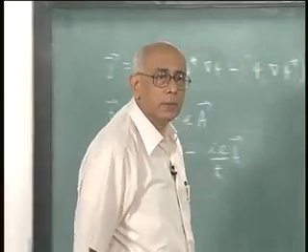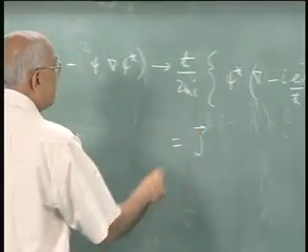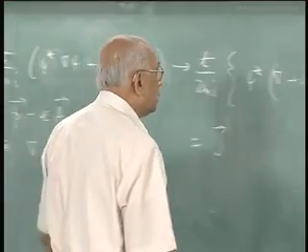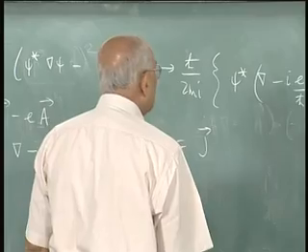Okay. So this is equal to J, the original current. J goes to whatever it was in the absence of the electromagnetic field, and then you have two terms.